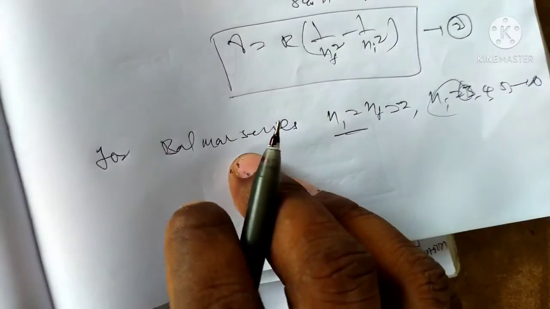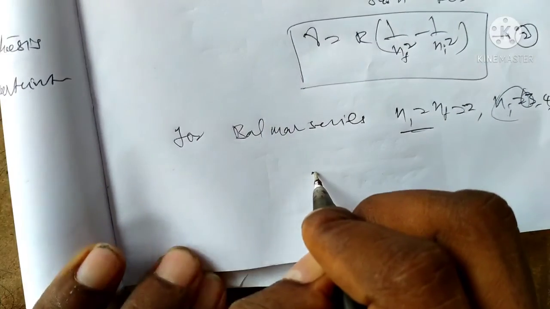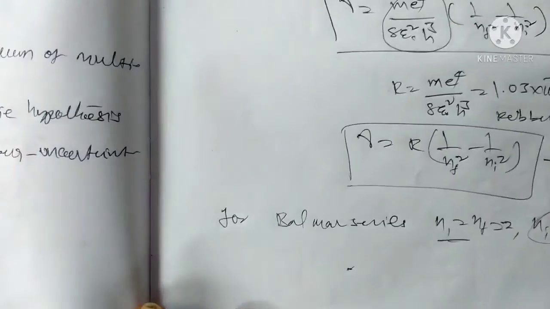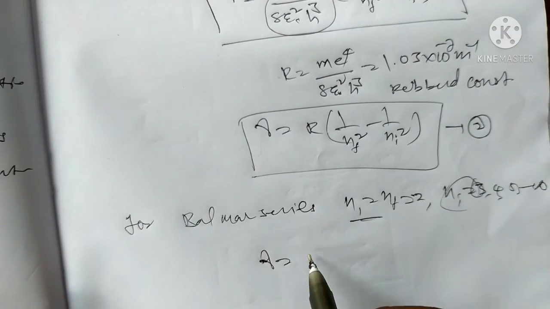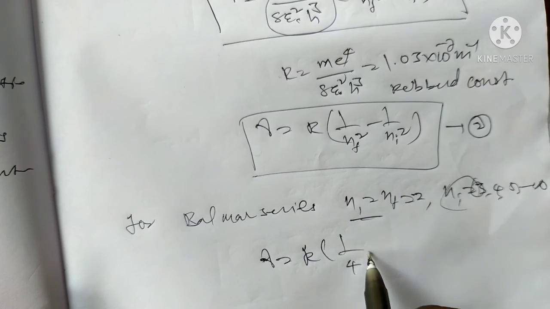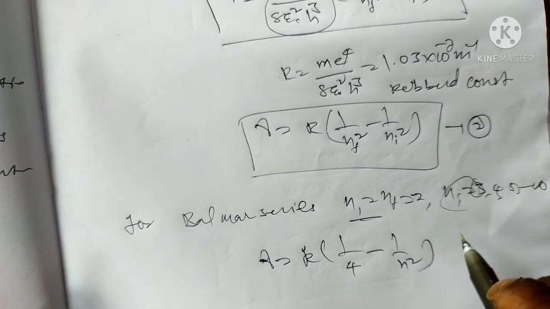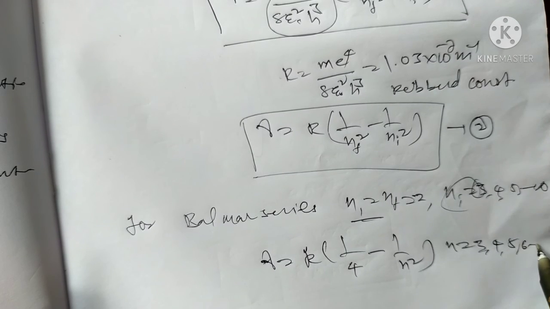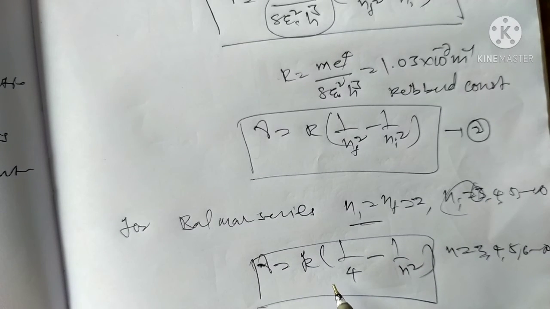You can write down here the frequency, nu is equal to R, substituting these values: 1 by 2 square, which means 1 by 4, minus 1 by n square. n is equal to 3, 4, 5, 6 up to infinity. That is for the Balmer series. We can find the frequency.